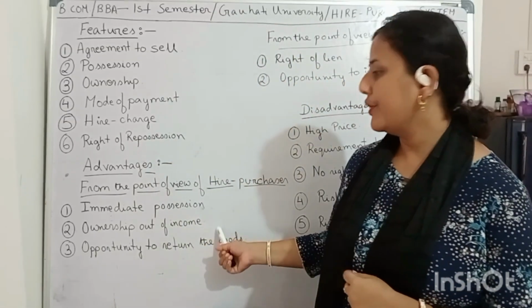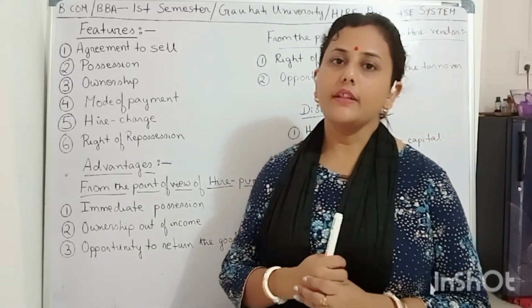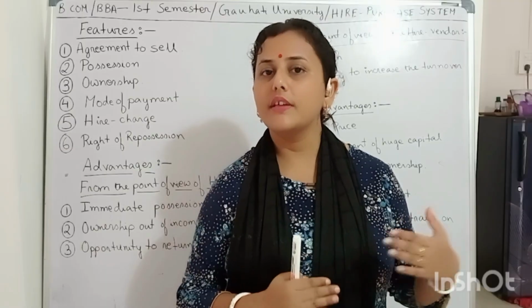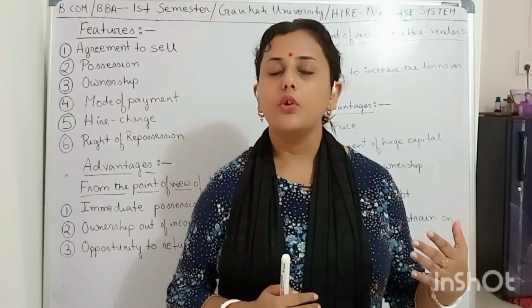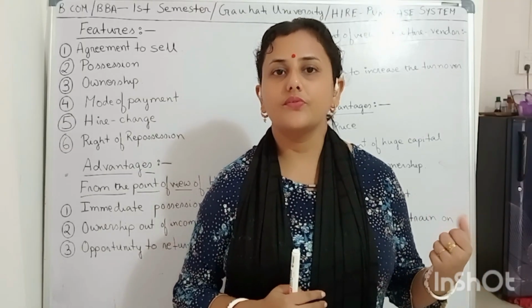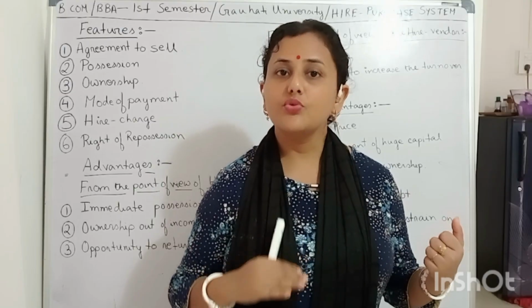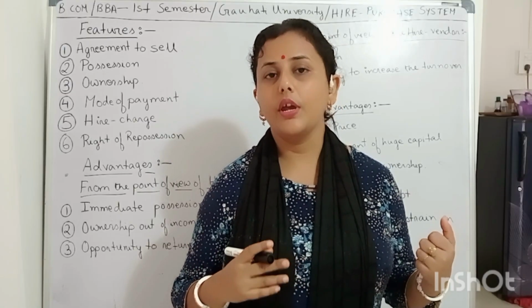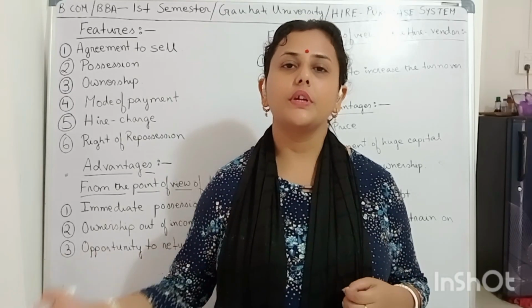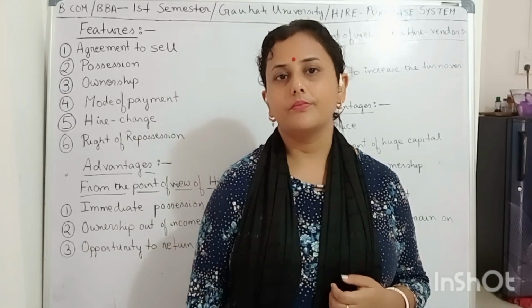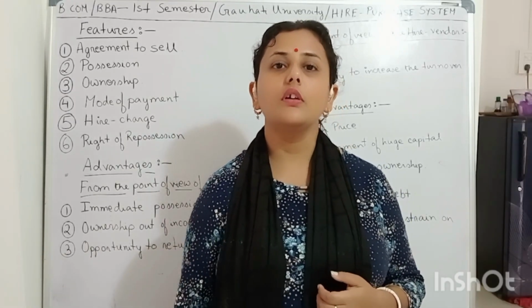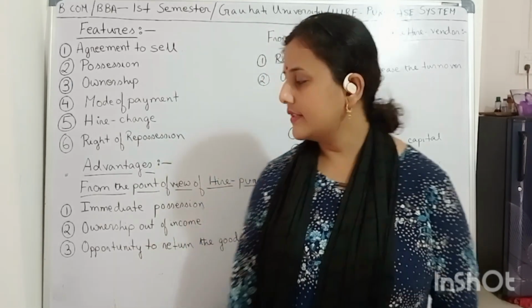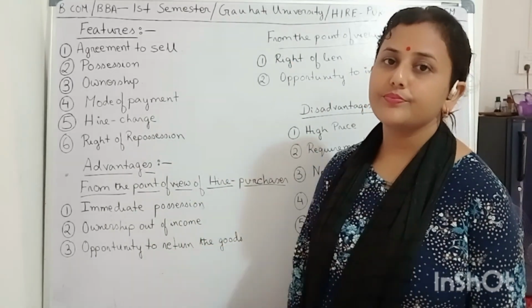That is said in point number 2: when he takes possession of the asset, he can utilize it and earn income, and with that income he can pay the installments and get the ownership of the asset.